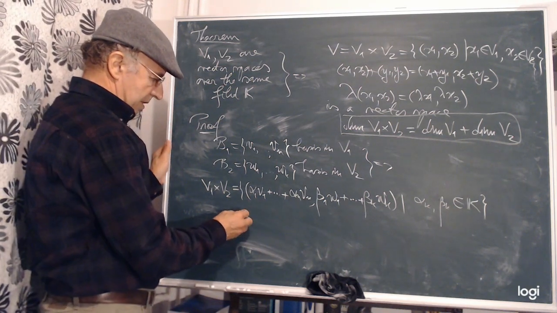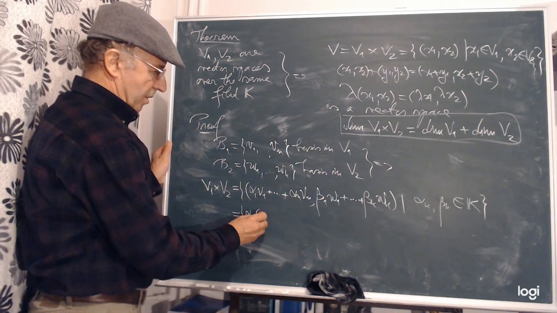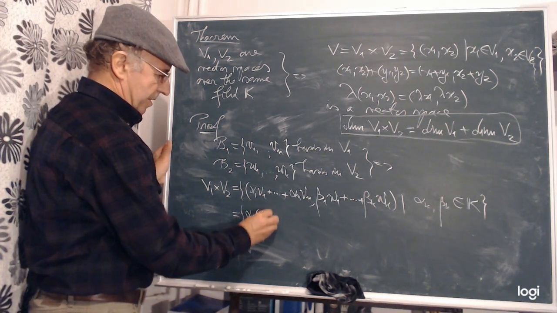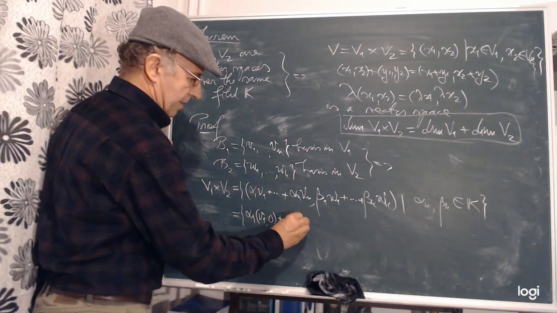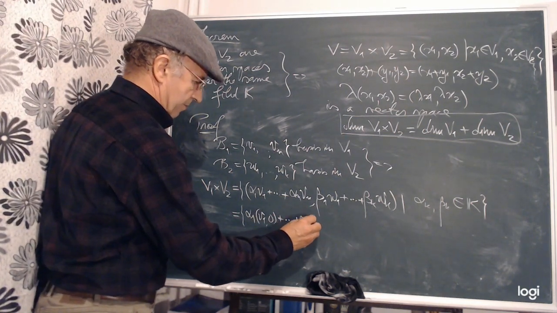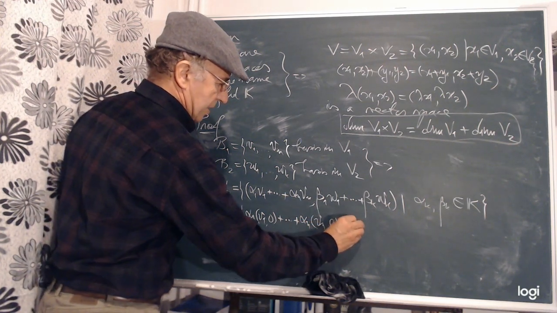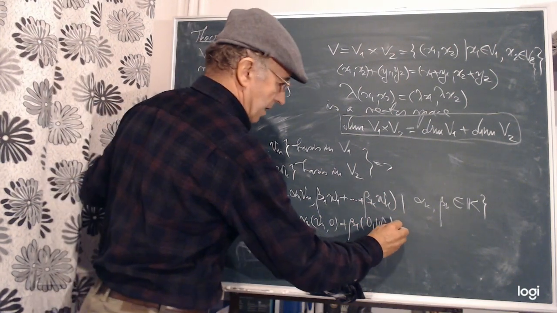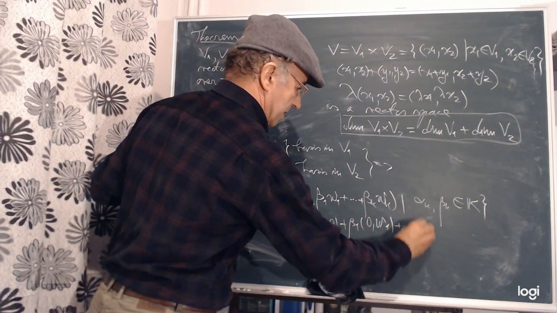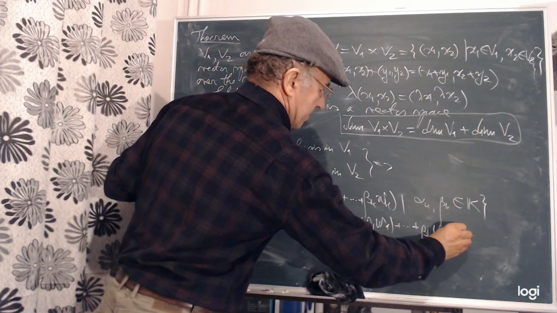This can be written as alpha 1 (v1, 0) plus up to alpha n (vn, 0) plus beta 1 (0, w1) plus so on plus beta k (0, wk).